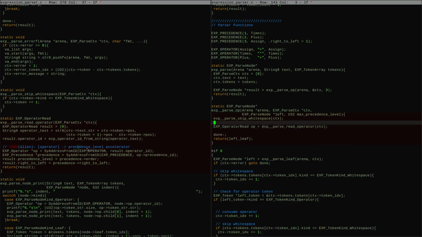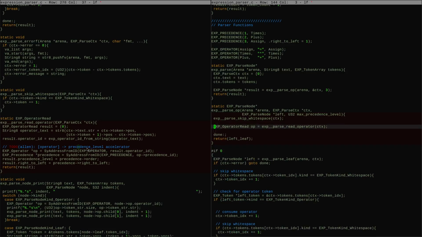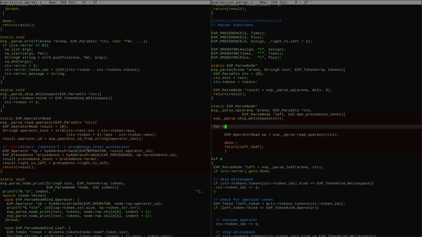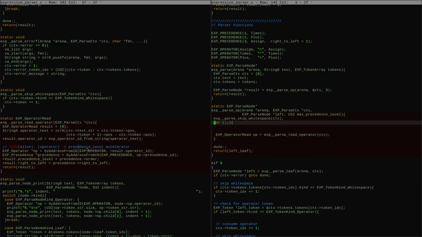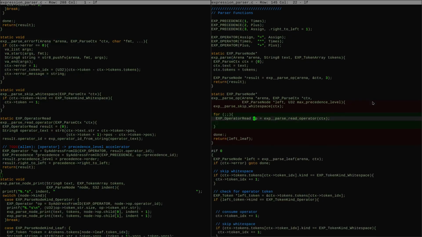So we read our operator, and then we're going to say if... I guess this is more like an outer for loop. We read the left operator.